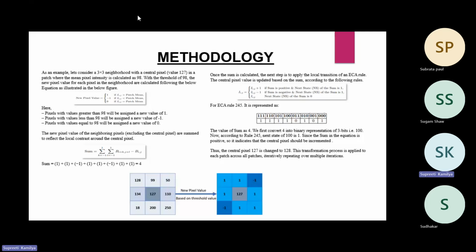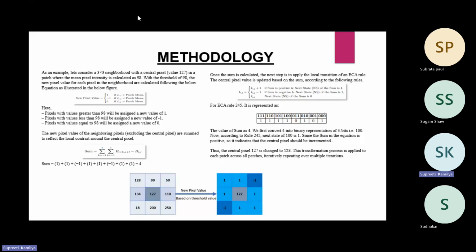If the sum's value is 4, we first convert the 4 into a 3-bit binary representation. In this case, it is 100. Now, according to whichever rule we are checking, we have checked all 256 rules, we see the next state for that particular binary value. So here for 100, it is 1. According to this, we make changes in the central pixel.